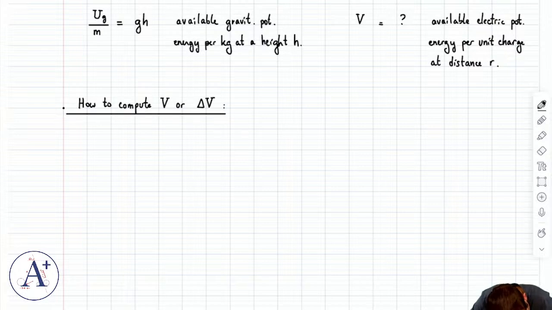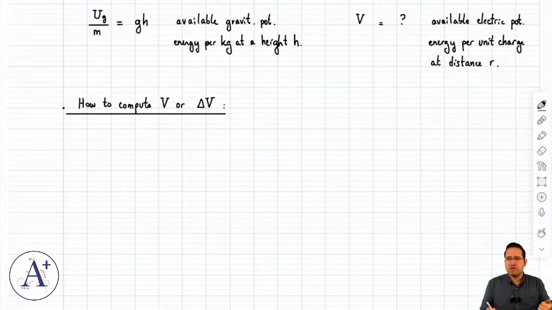Now it turns out that, I know I said we're trying to find V, which is true. What truly matters, though, is delta V. It's the change in potential, because that's going to tie to the change in potential energy. And having a potential energy of 100 and spending 50 to bring it down to 50 is the same thing as having potential energy of 1,000, spending 50 and bringing it down to 950.